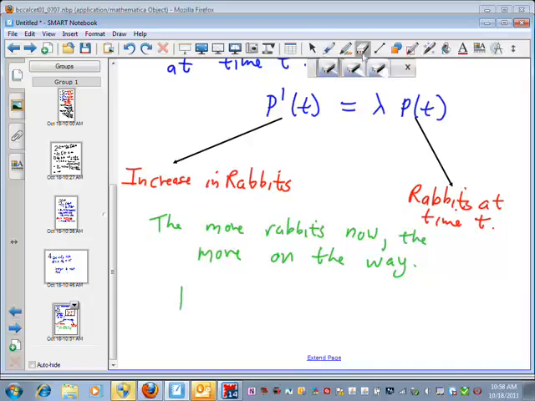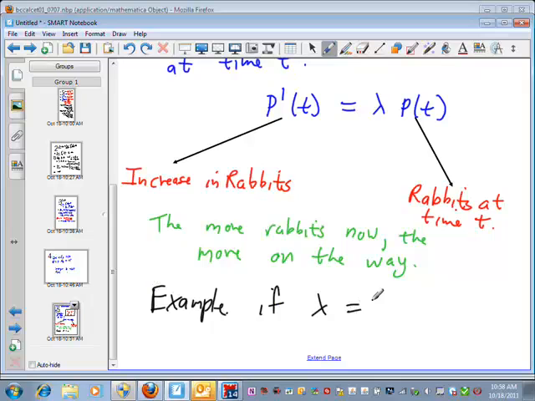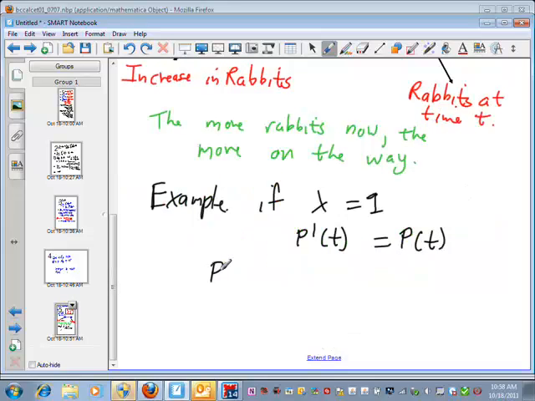Let's suppose for a moment that lambda was 1. If lambda is 1, then I'm looking for a function whose derivative is itself. P of t is just what? E to the t.